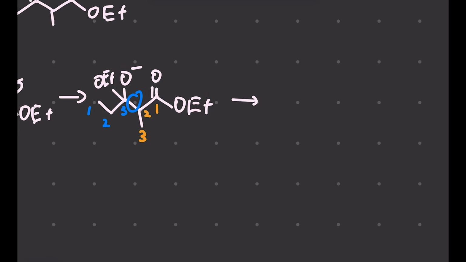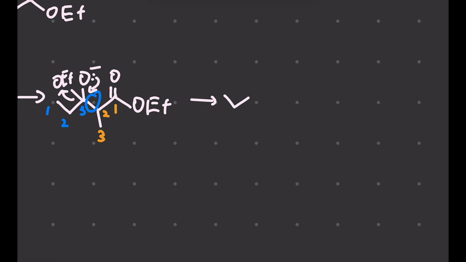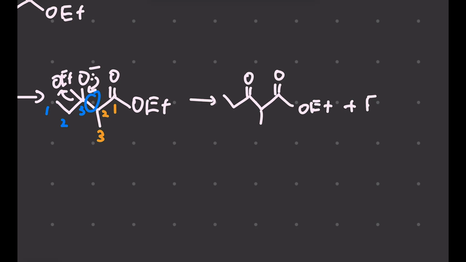So this is going to give us a new double bond, our double bond back, and eject the ethoxide ion. And this will give us our ethoxide ion back.